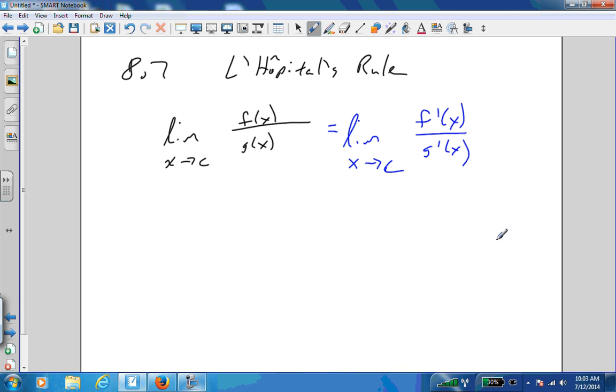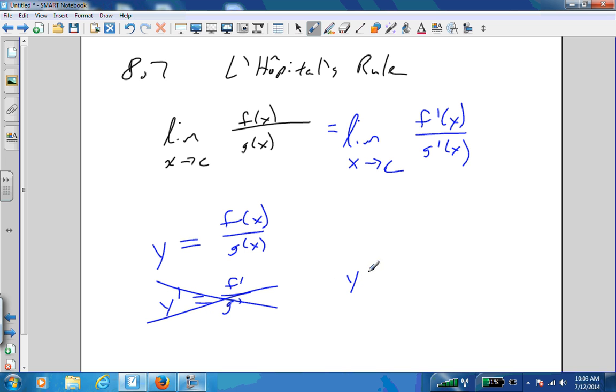Now, before we go any further, let's be careful what we're not saying. We're not saying that if we have a rational function, that the derivative of that function is just the derivative of the numerator divided by the derivative of the denominator. We saw way back when that if we have a rational function, to take the derivative, we have to use the quotient rule.